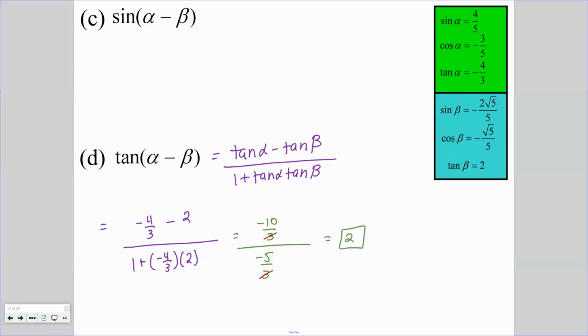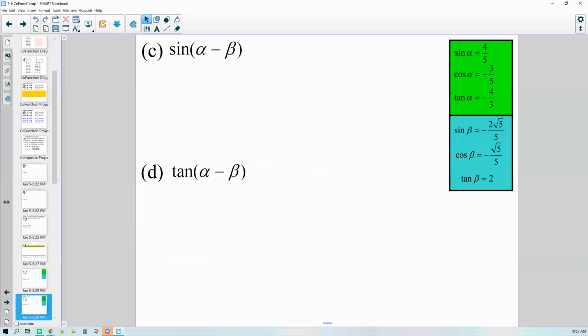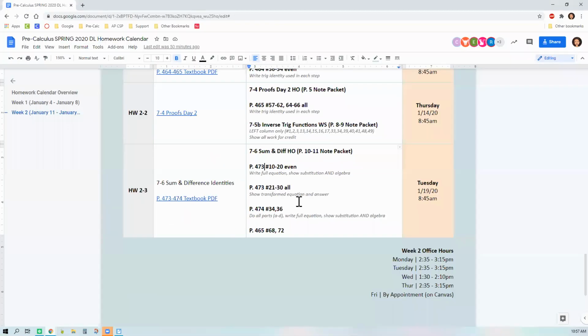Okay, so follow the steps that we took in lecture today when you guys do the bookwork. The bookwork is due next Tuesday, not next Monday, because you guys don't have school on Monday. So I see you guys on Tuesday. Hopefully you know that. Tuesday, we'll come back. We will start in on 7/7. Office hours today, normal time, 2:35 to 3:15 if you want to drop by.